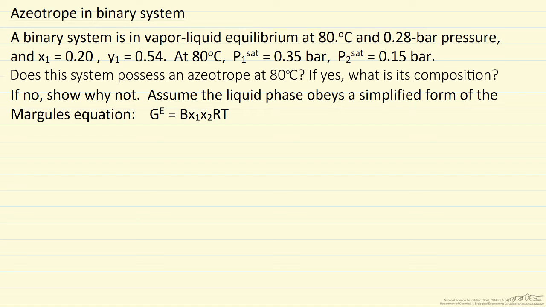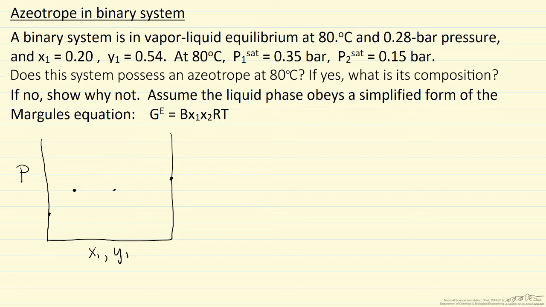And to model the non-ideal liquid phase behavior, since we're assuming the gas phase is an ideal gas, we'll use a one-parameter model. The idea is we're starting out with a measurement at one condition. Let me make a simple drawing.